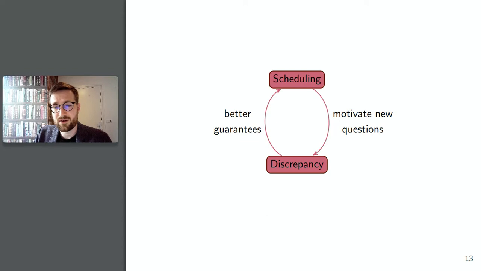Namely, our scheduling application also motivates new questions in discrepancy theory, which seem to be non-trivial and which would seem to be very interesting, maybe slightly novel variants of questions in discrepancy theory.